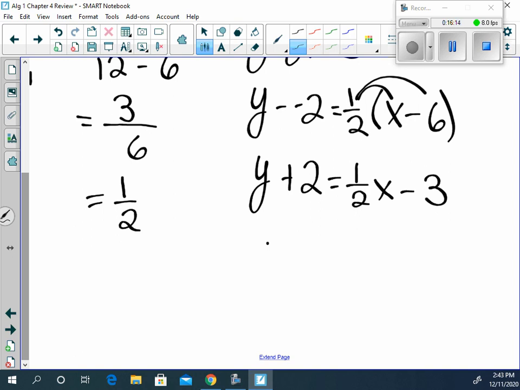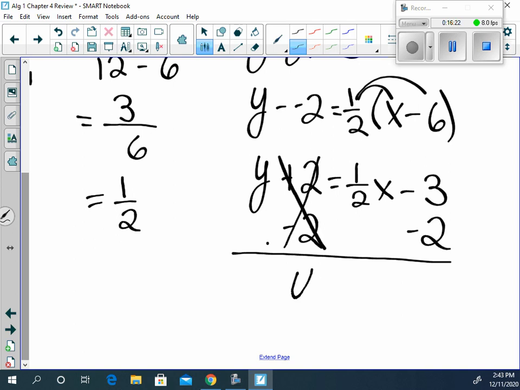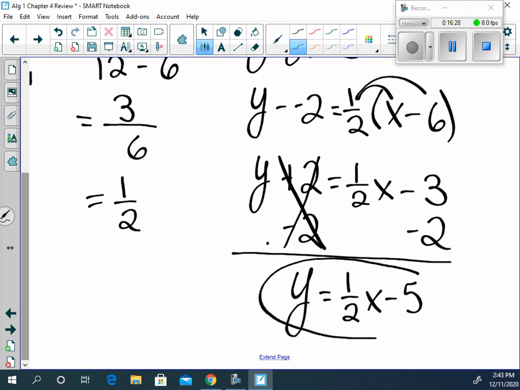What do we need to do to get y by itself? We're going to subtract 2 from both sides, and these would cancel, leaving me with y is equal to 1/2 x minus 5. And that's it for this here. Questions on these here?